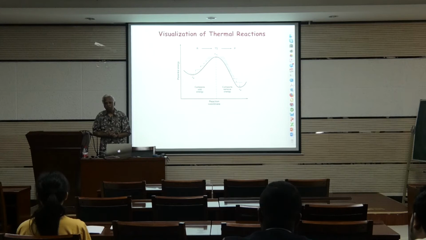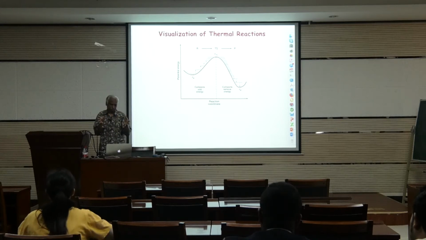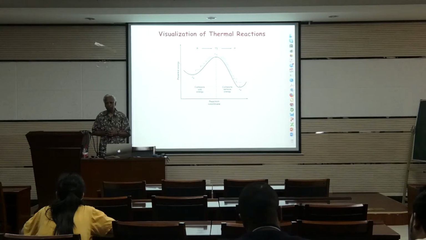And I'm pretty sure you know, what is a transition state in a chemical reaction? Do you know what a transition state is? I don't know that, no? Okay. Activation energy, do you know what activation energy is? Okay.